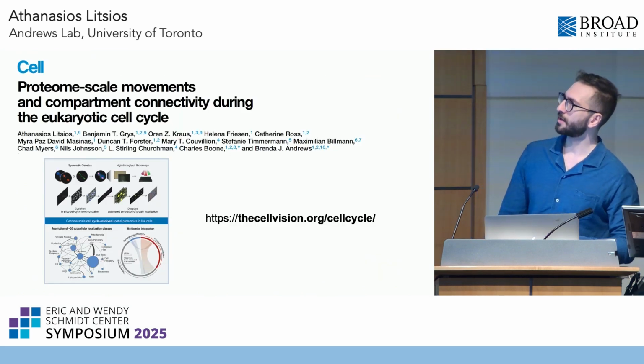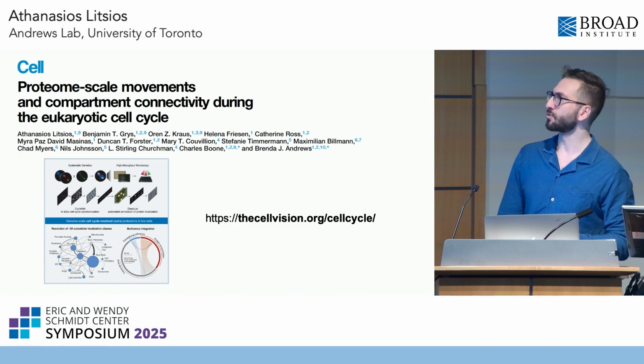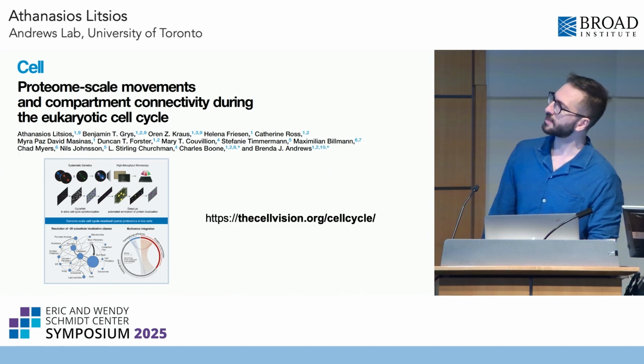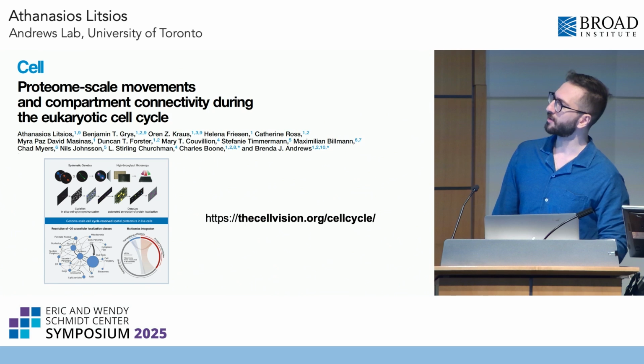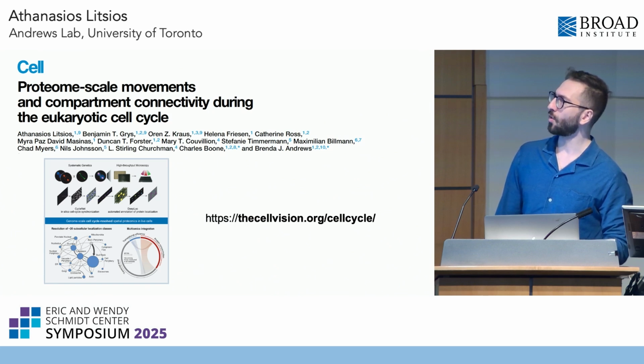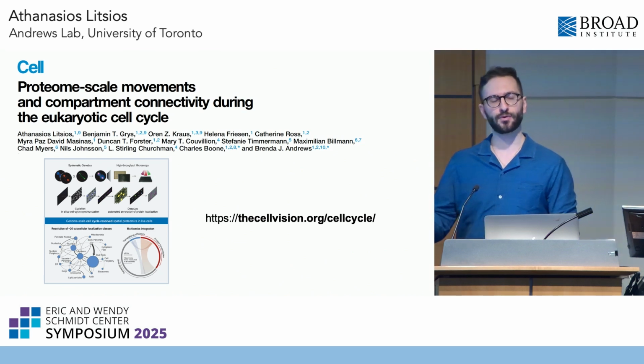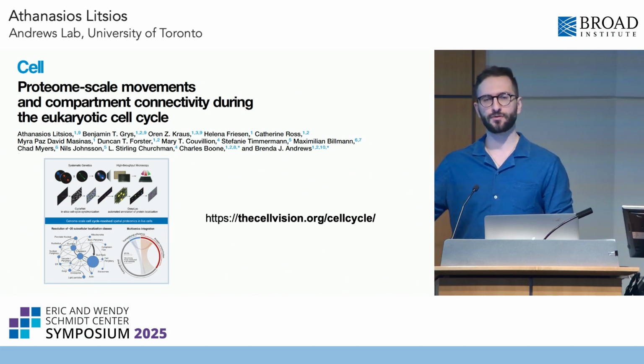Because this study was recently published, I will not focus more on the insights that we generated. I would just like to mention that all the data generated in the study can be accessed in a user-friendly way from cellvision.org/cellcycle, which is a dedicated web tool that we built for that purpose. And the tool is also directly searchable using human gene names for colleagues that might not be so familiar with yeast biology.